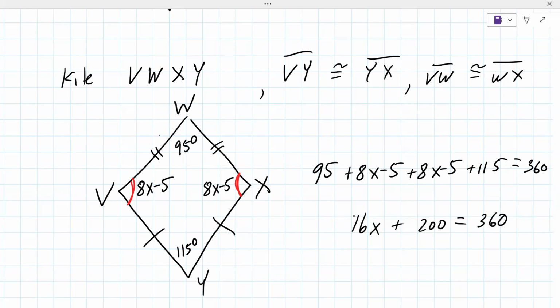And I got x equals 10. Okay, I agree. And if you put that back in, you'd find that these two angles are 75 degrees.